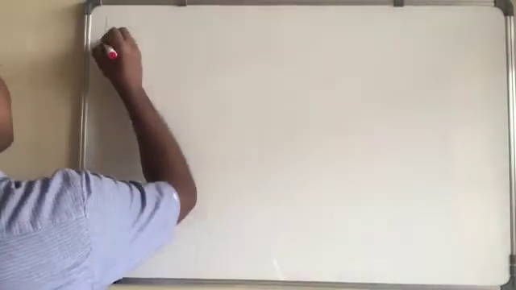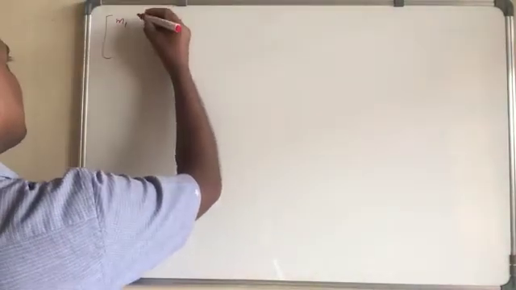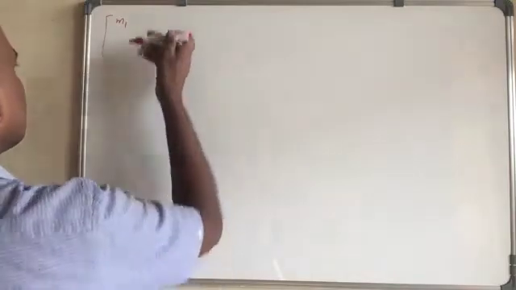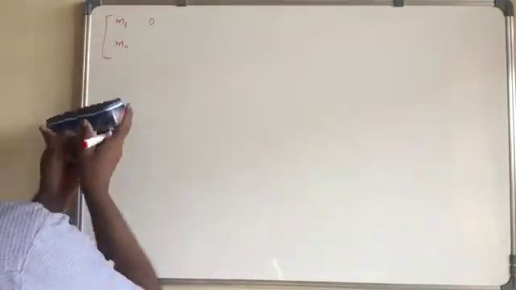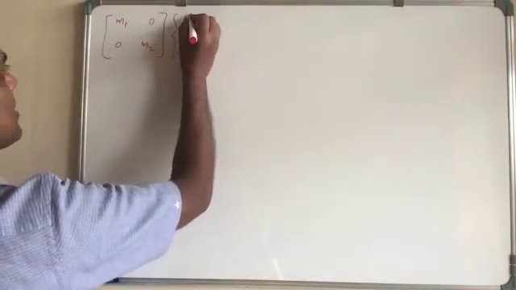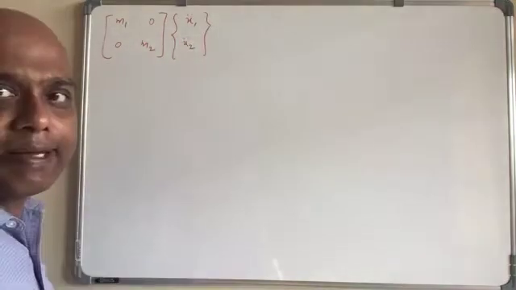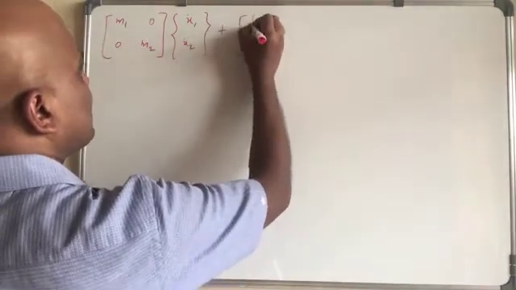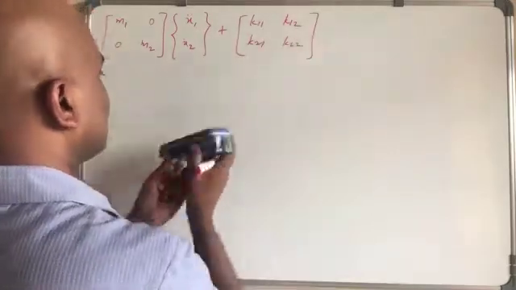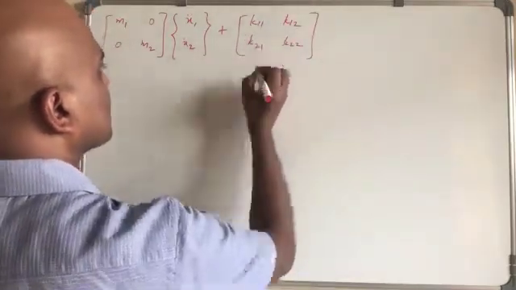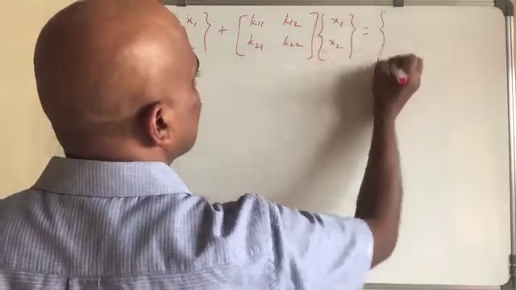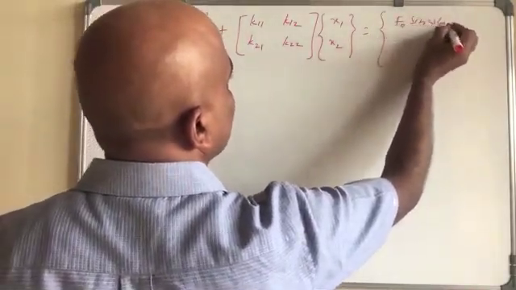So we have a system to solve, and the system is M1, 0, then 0, M2, and you have x1 double dot, x2 double dot, and then plus we have k11, k12, k21, and k22, and then we have x1, x2, and we have F naught sine omega t, 0.